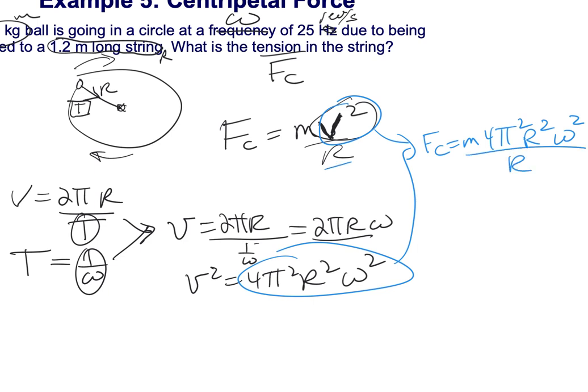Don't forget this r here. So the r's cancel out, leaving Fc equals m 4 pi squared r omega squared. You can plug in all the values. I don't feel like doing that. And don't forget to put newtons at the end. It's the unit.